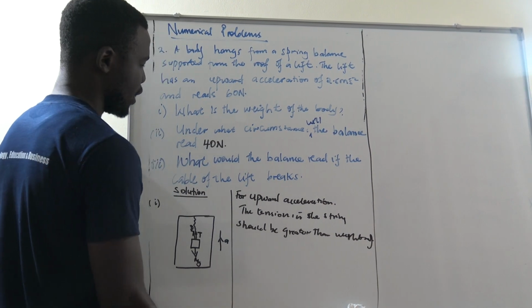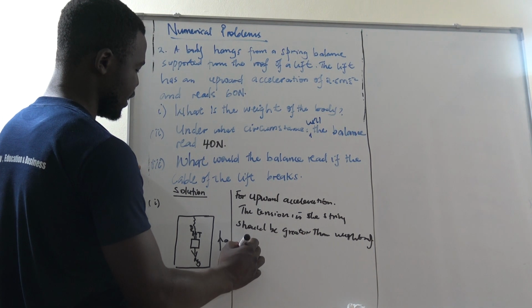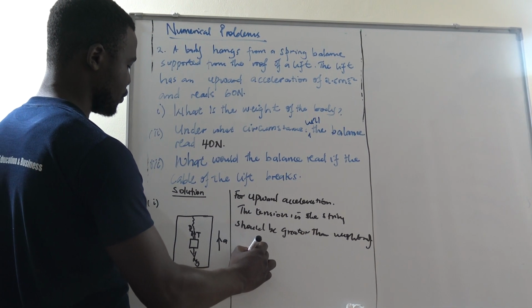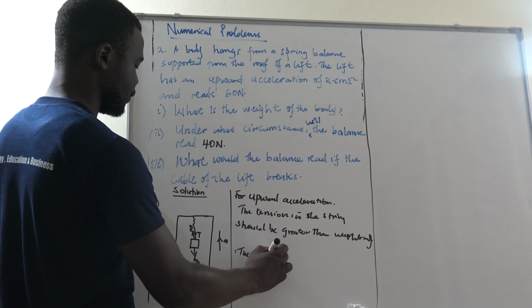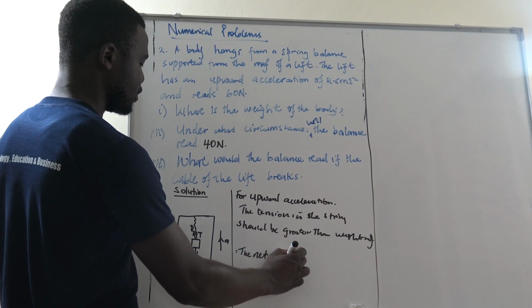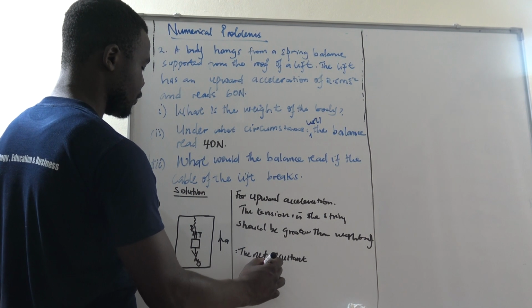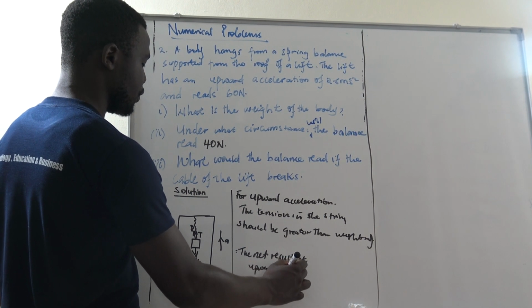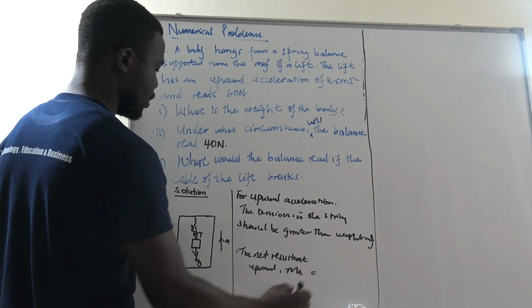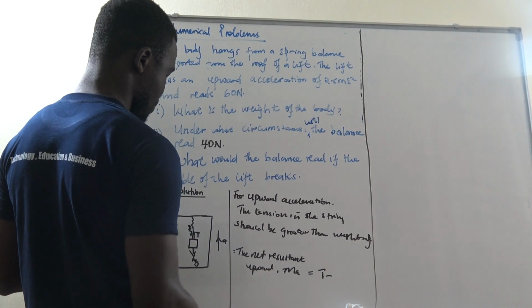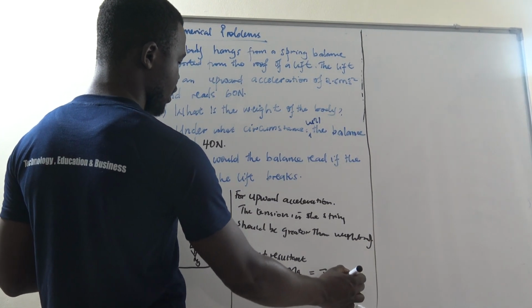Now, this means that the net resultant upward force, which we said is given by ma, will be equal to the tension in the string minus mg.